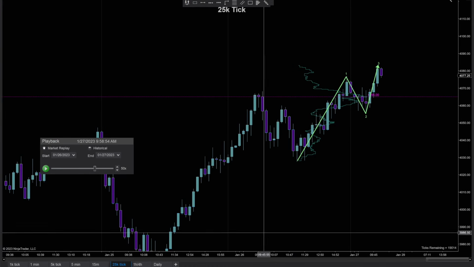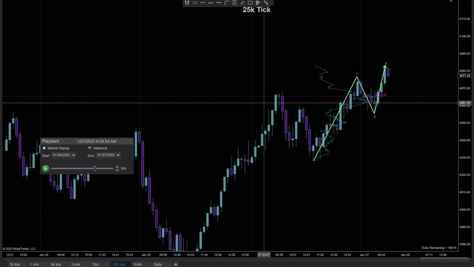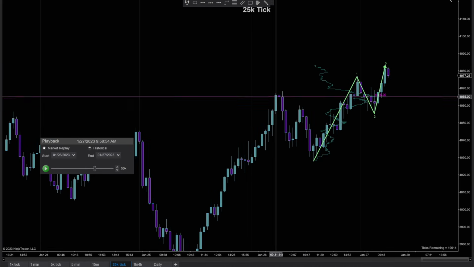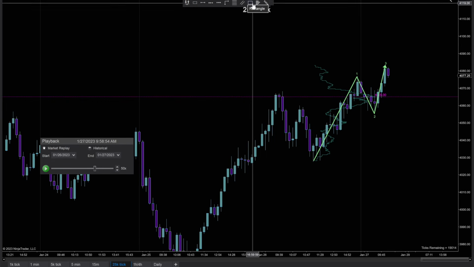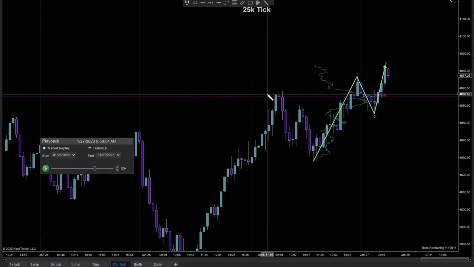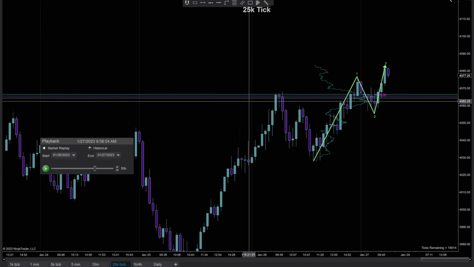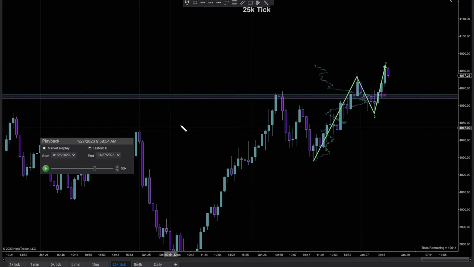Now, what I also really love about this is that we see that it also lines up with this other major swing point here. Okay, so we have confluence with this major swing point right at that level, and that gives me added conviction.